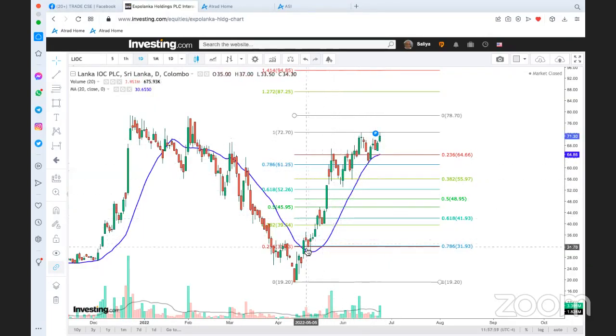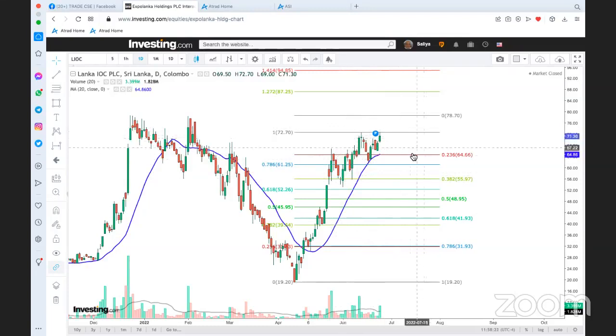Now, as far as the 20-day moving average is concerned, it is acting as support, right? I didn't show you the MACD on the other Expo Lanka. It will be useful for that, to check the MACD also.